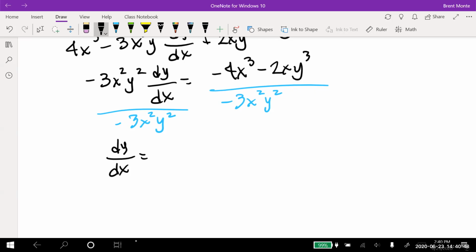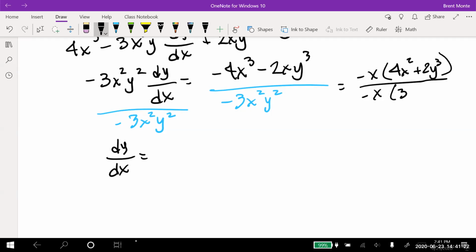Now, if we want to, we can factor out the greatest common factor on top and bottom to cancel it out. So think about what I can cancel out. I can cancel out a negative. The only other thing they all have in common is the x. So I'm going to factor out a negative x on top and on bottom so that it'll cancel out. So I'm going to get 4x squared plus, because I factored out the negative and the x, 2y cubed. And on the bottom, I factor out an x.